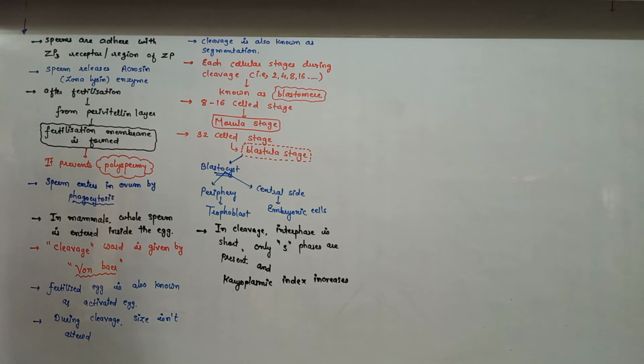Karyoplasmic means the ratio of the nucleus and the cytoplasm gradually increases.